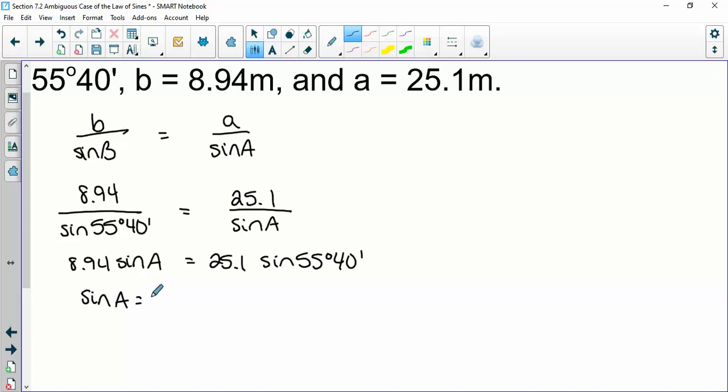So did you guys get sine A equal to 0.3184? Not possible. There is no triangle on this one.